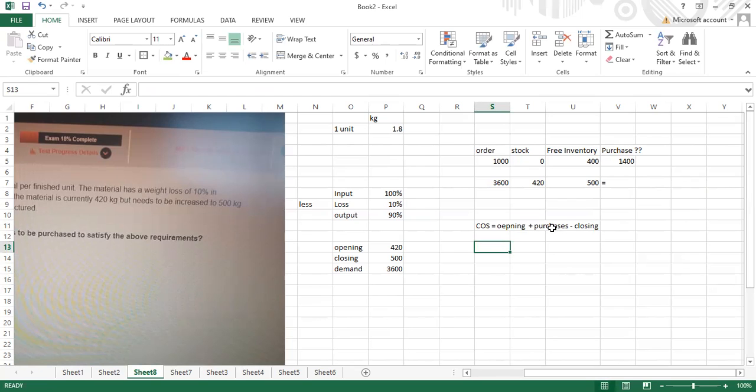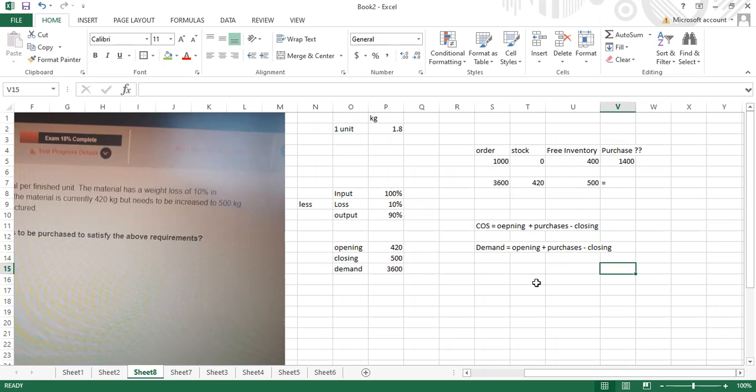So purchases is this, and cost of sales you can also rewrite like that. If you see this kind of question, you can write it like that: opening, and for your understanding, purchases minus closing. Because demand is there, demand or order and opening, and then purchases and minus closing. This is the thing.